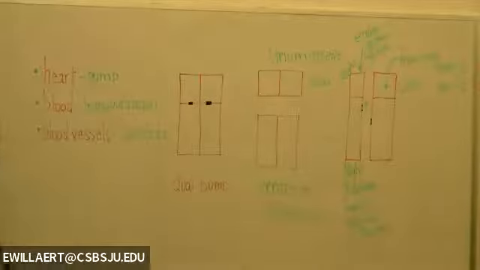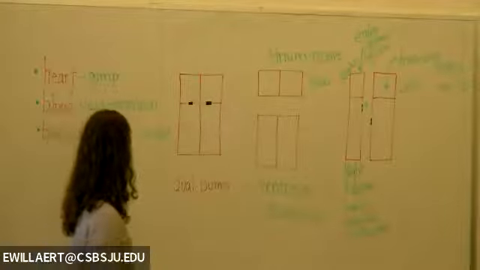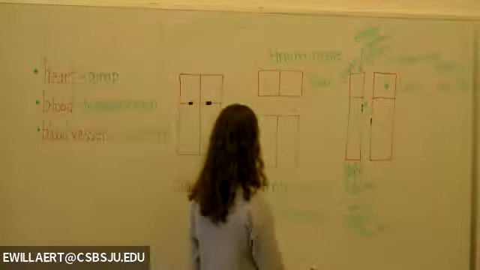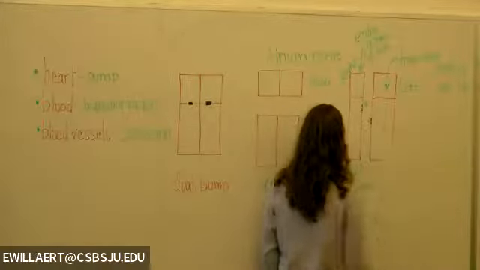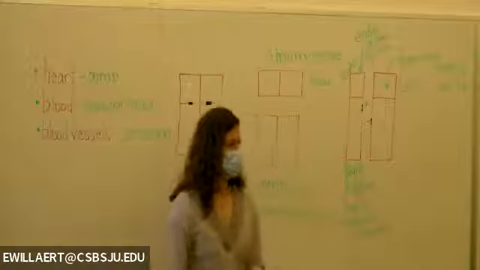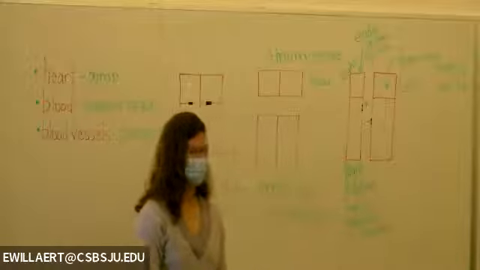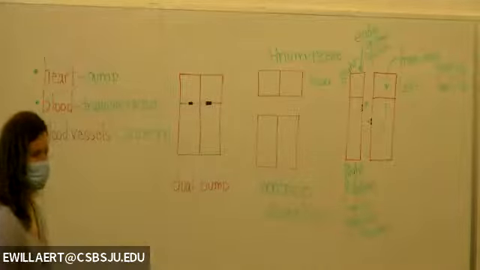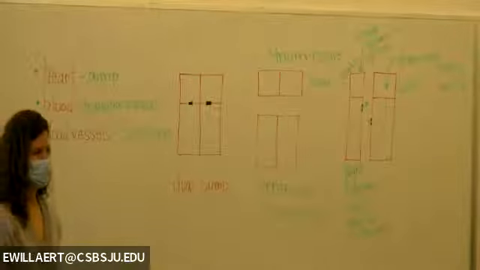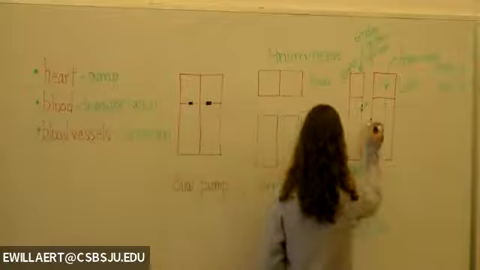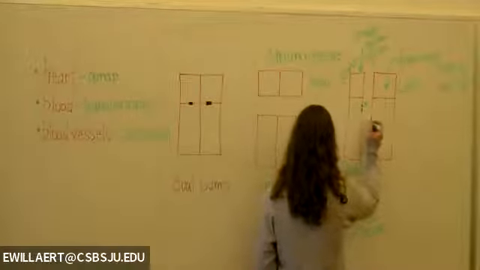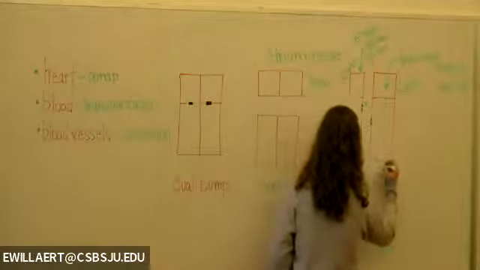We pick up oxygen, we drop off carbon dioxide. So we received it from the lungs, which means it's going to go into our left ventricle, and then where's our ventricle going to pump this out to? Yeah, the rest of the body.